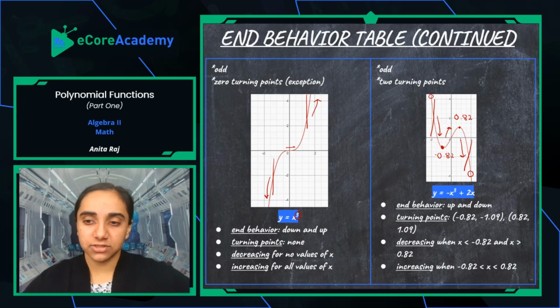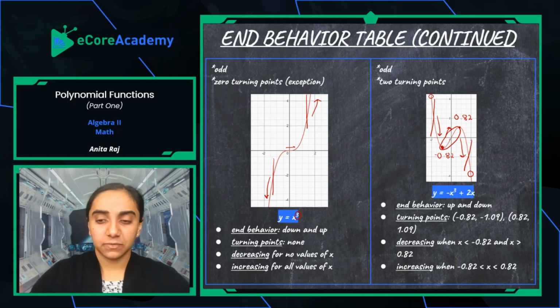And we're talking about x values here. The only interval where it's going to be increasing is right here, between negative 0.82 and 0.82. So that's the only place you're going to see this increasing.